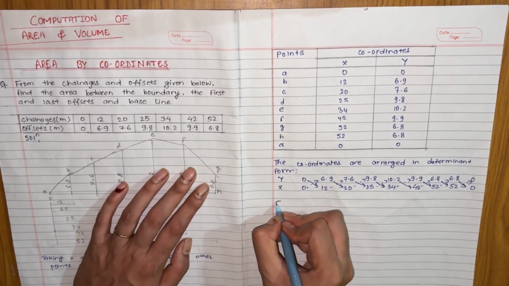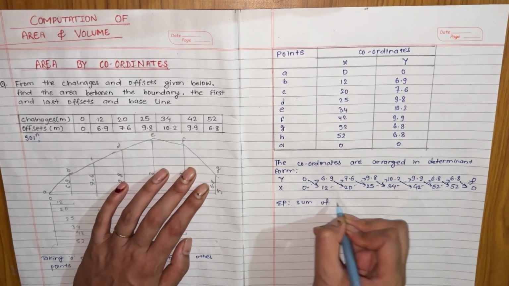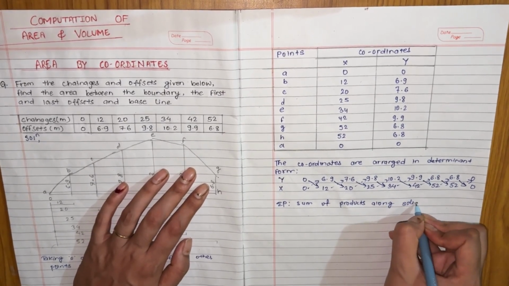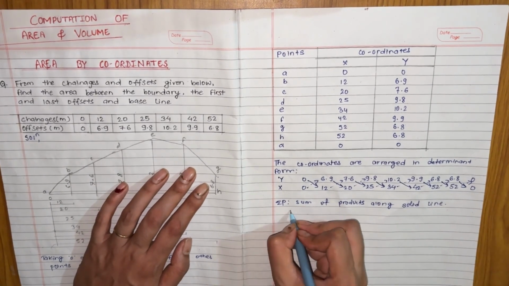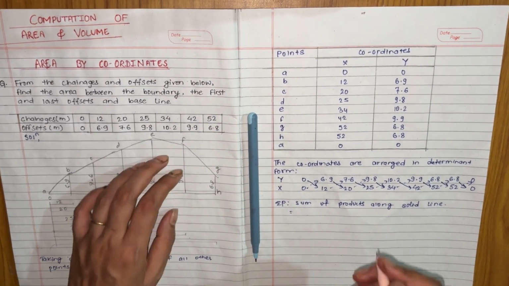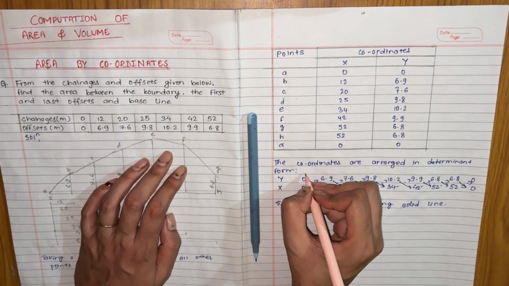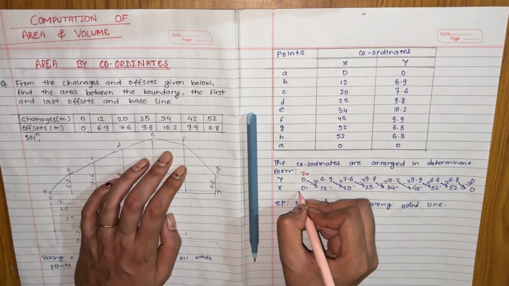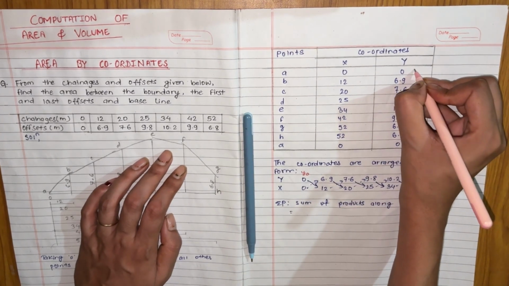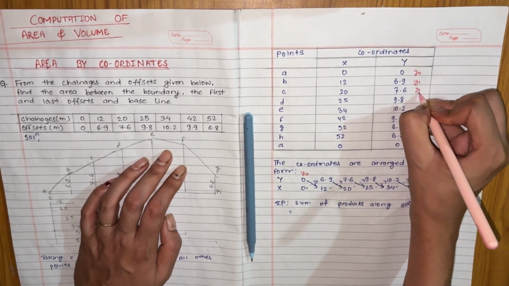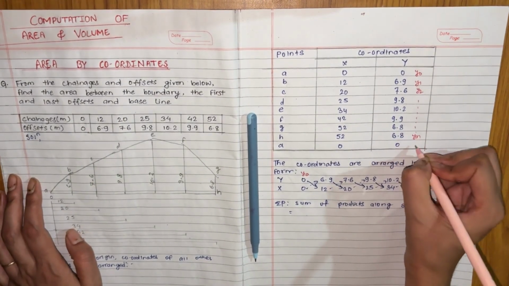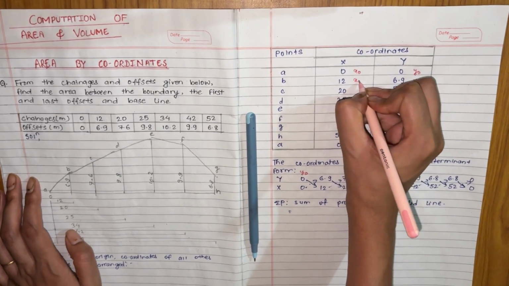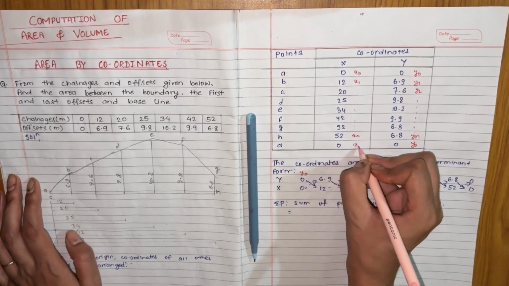Now this is sum of products along solid line, which is equal to, let this be y naught, y1, y2 up to yn, and this is again y naught, and this is x naught, x1 up to xn and x naught again.